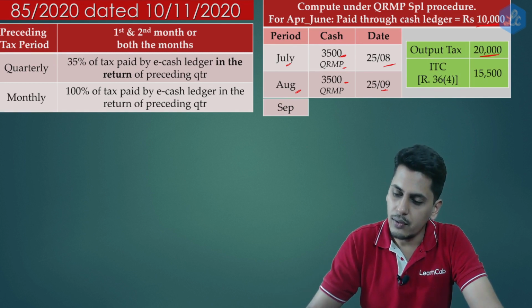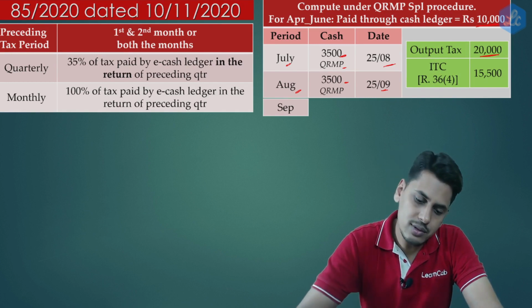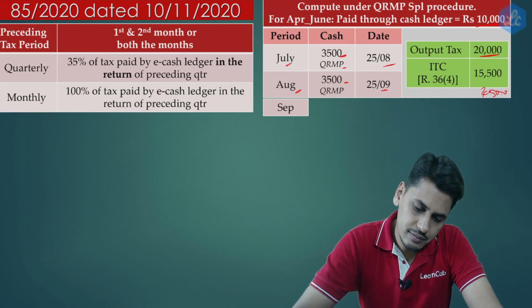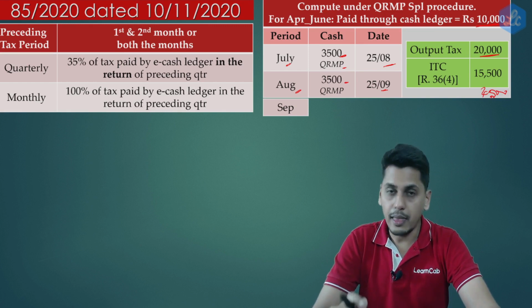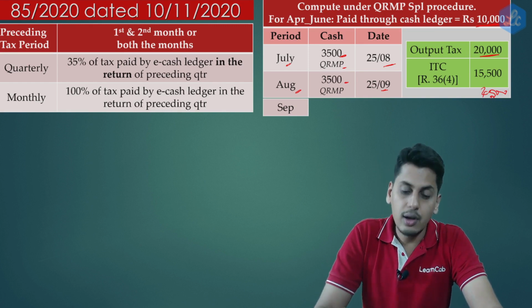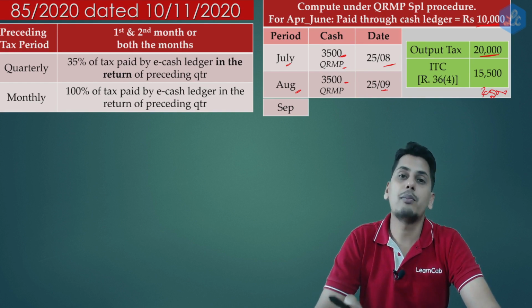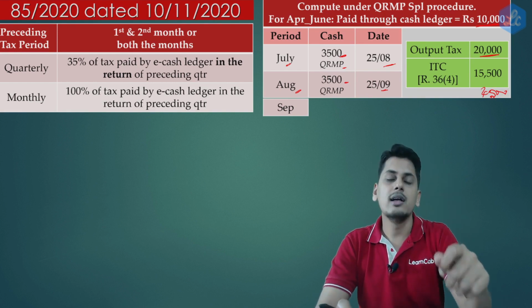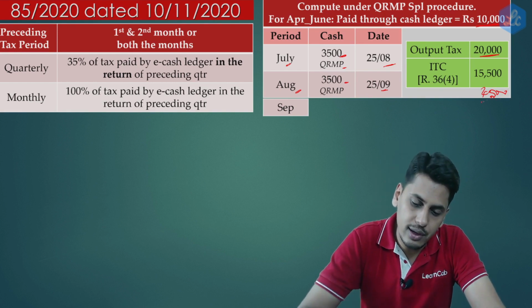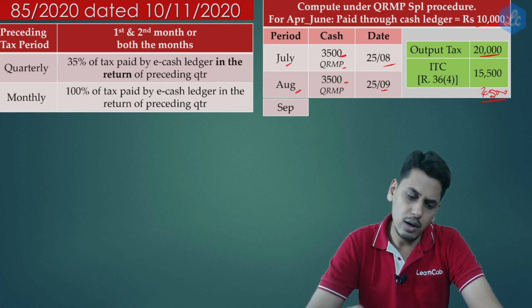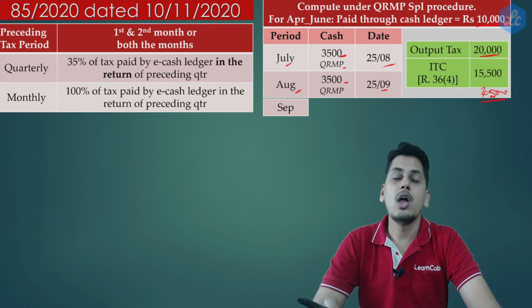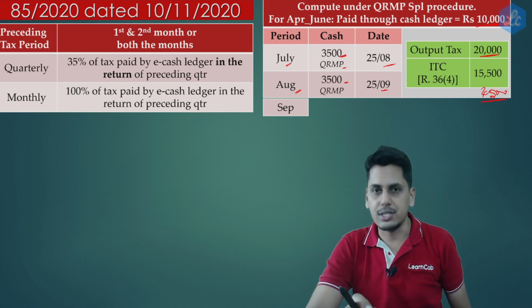So here we go, 20,000 minus 15,500, 4,500 for the quarter. I repeat, for the quarter, 4,500 is the amount which needs to be deposited or which needs to be paid from the electronic cash ledger. 4,500 is the amount. Now friends, how much has he already deposited in the cash ledger?